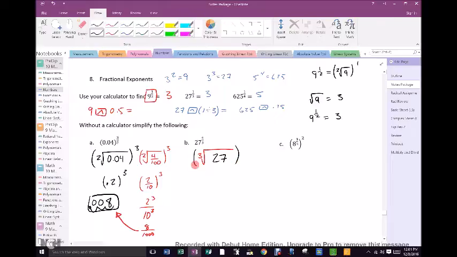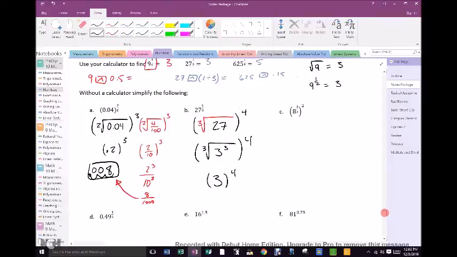And that whole thing is to what power? 4. What is the cube root of 27? I'm going to write it all out, right? Because I want you guys to see what's happening. The cube root of 3 cubed, I take out a group of 3. I've got 3 to the 4th. And what is 3 to the 4th?